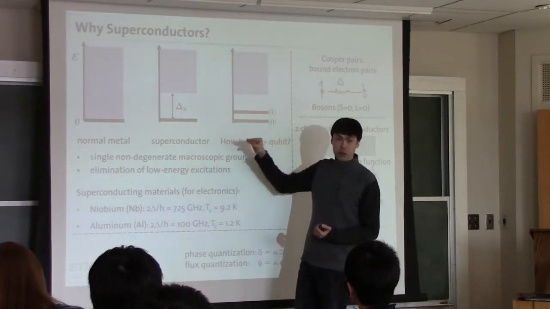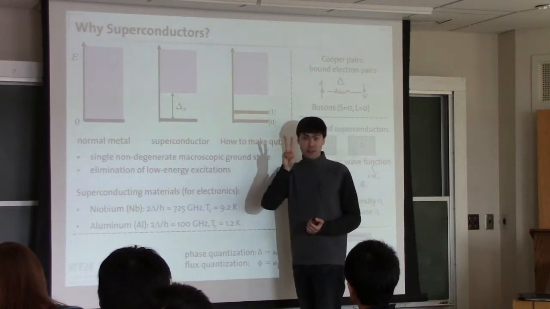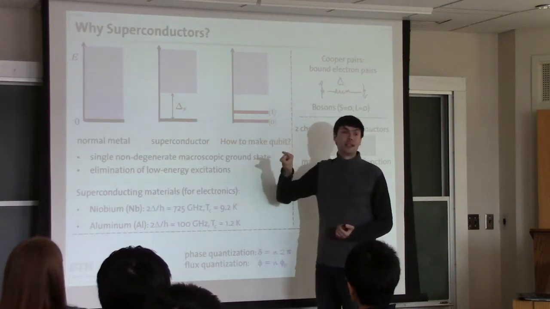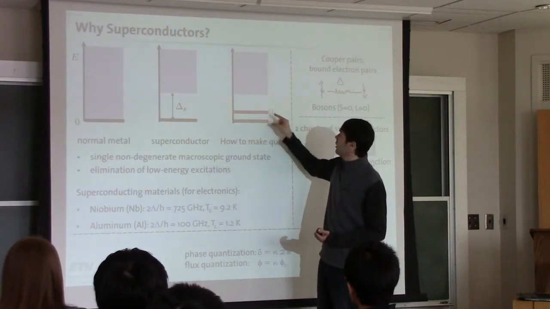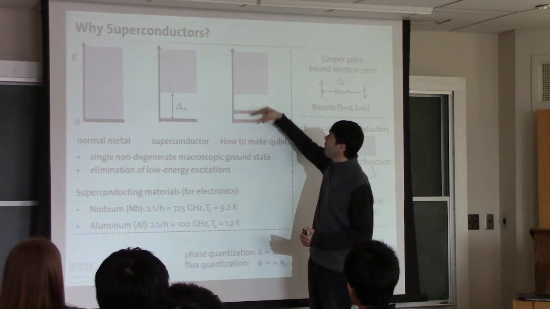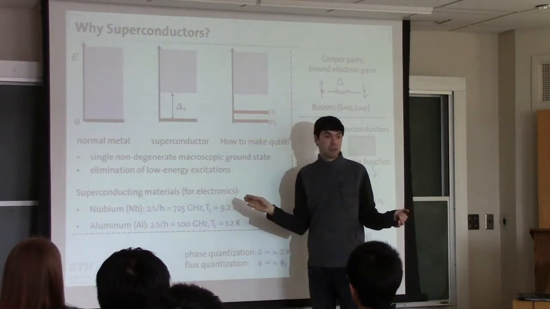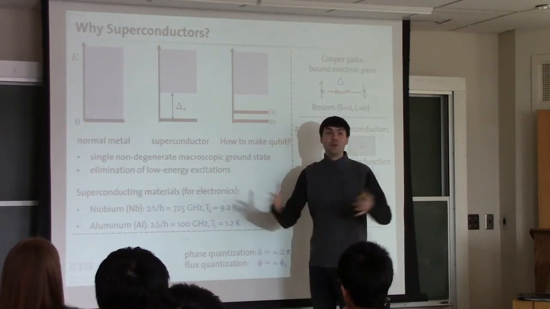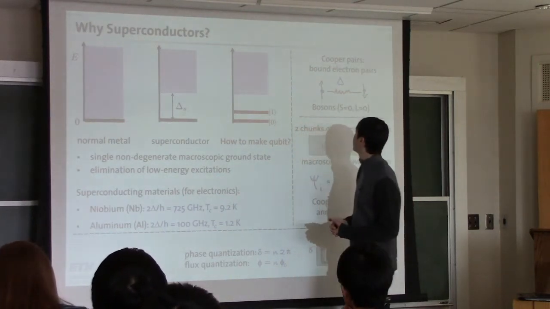And what you want to do in a superconducting qubit is take a two-level system, the qubit, and put it inside the superconducting gap. So whatever this two-level system is, if it is inside the gap, it is far separated from all other levels. And for that reason, it is not coupled to other degrees of freedom.